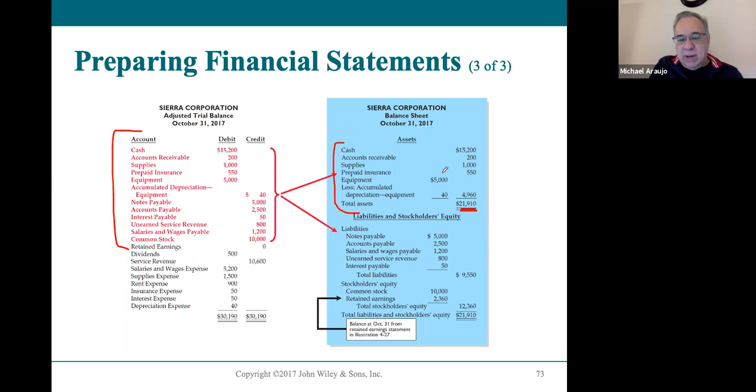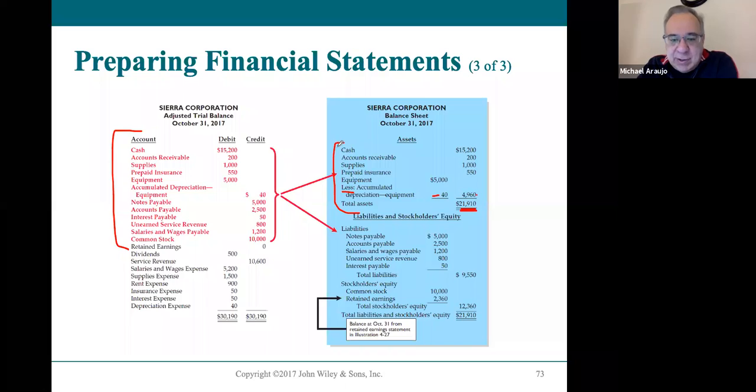Notice how equipment is listed, and then the accumulated depreciation on that equipment is taken away, right? Because this is how much we've depreciated. This is how much we've already expensed of that equipment. So that's the book value, and that's also important to understand as we go.